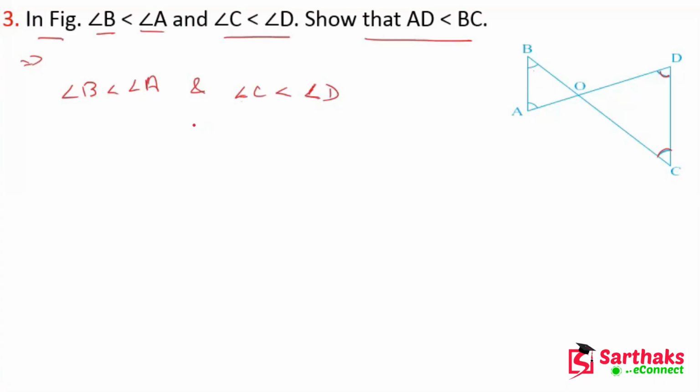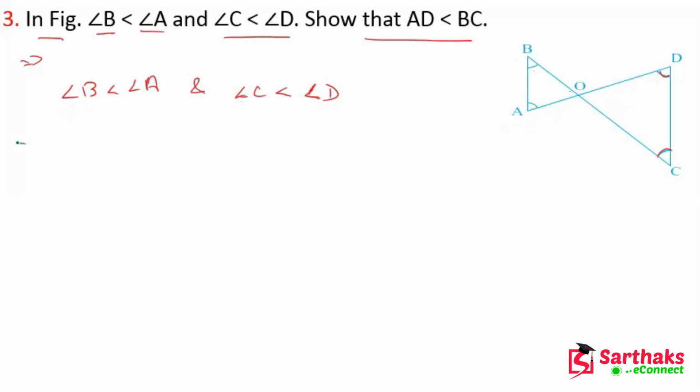So my dear friends, we know that the side opposite to the larger angle is always larger and the side opposite to the smaller angle is always smaller. Here angle B is smaller than angle A, it means OB is greater than OA.